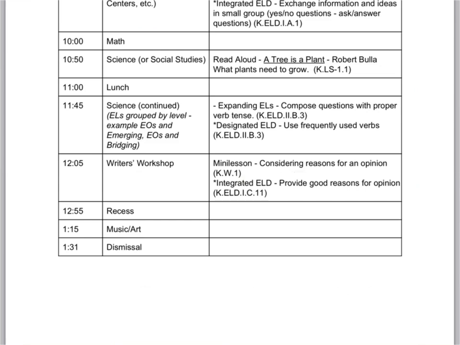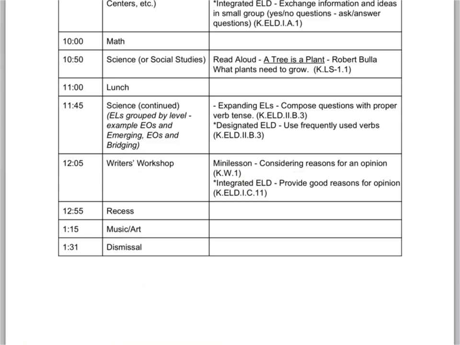Now, let's say if there are 2 teachers, I would put ELs, expanding and emerging students in one class, ELs and bridging students in another class. So I think what you're saying, Son, is in our fantasy land, we'd have 3 teachers at each grade level because there are 3 levels, but sometimes we're just going to have to think of the best scenario for the reality of the situation. Yes, so with 2 teachers, that is my recommended grouping, and this is a time for designated ELD.